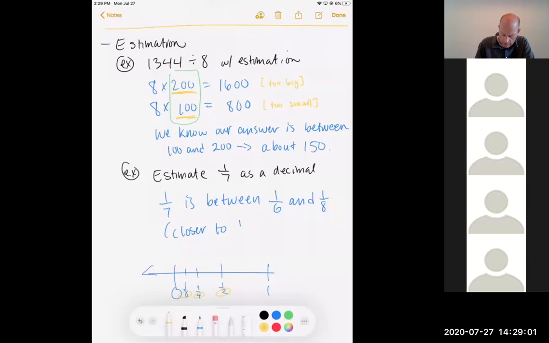And we're going to compare 1/6 and 1/8. So 1/6 is like a third of a half. There's 1/6. So it's going to be closer to 1/8 than 1/6.